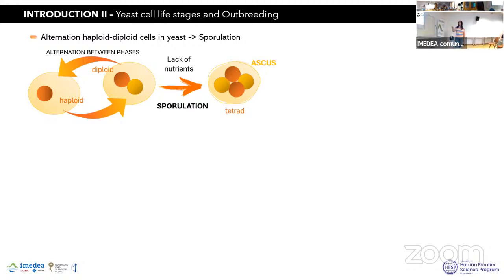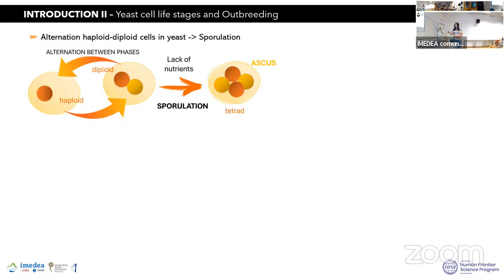And when there is a lack of nutrients in the medium, they sporulate. These diploid cells have daughter cells that end up inside a tough membrane called the ascus, and when we have these four cells, it is a tetrad.